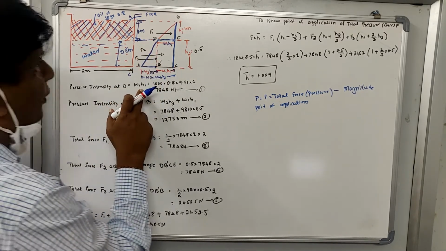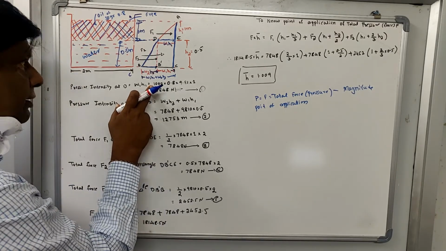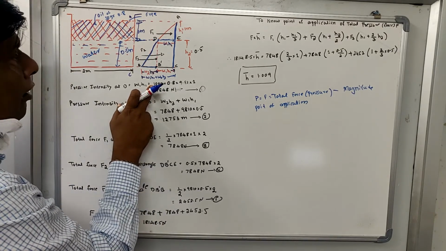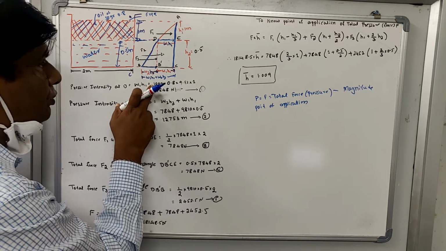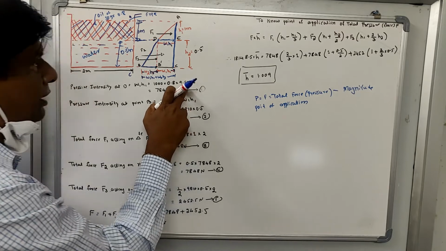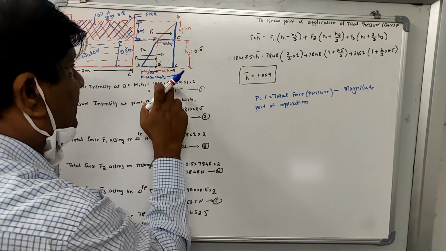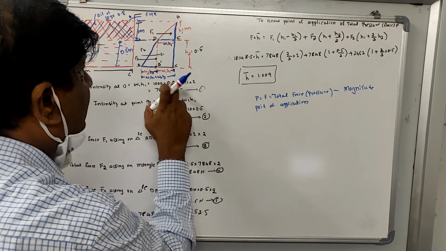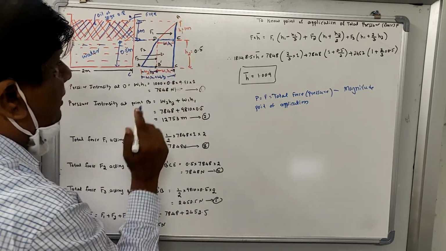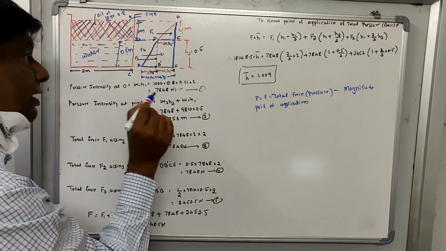W1H1. W1H1 is what? Unit weight of water is 9810, or mass density of fluid is 1000 multiplied by specific gravity, the acceleration due to gravity is 9.81, specific gravity of this fluid is 0.8 and the height is 1 meter. So it is 9810.